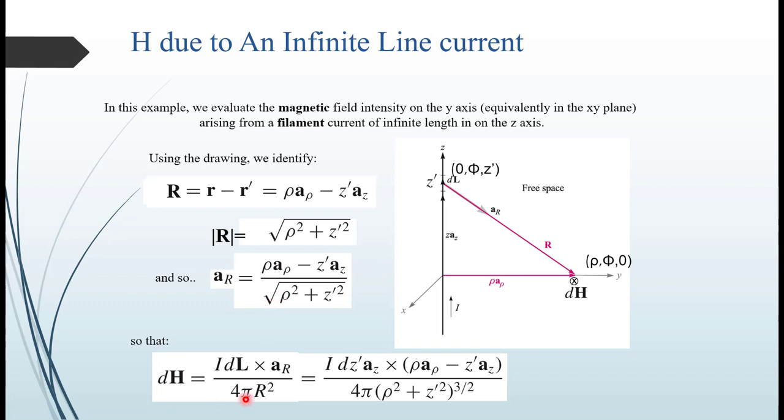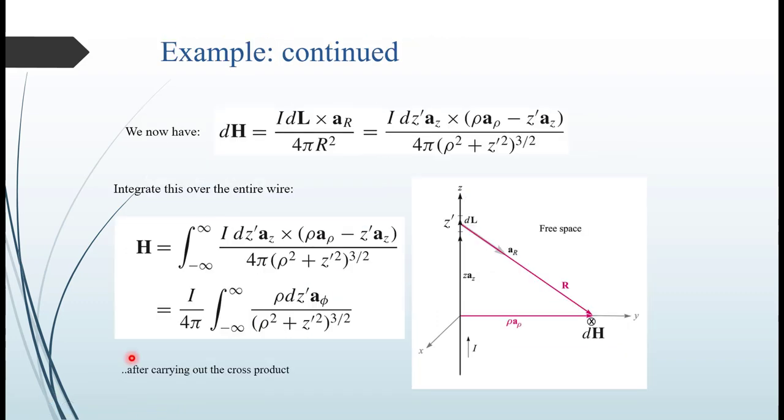So what is dH now? dH is equal to I dl as it is, aR cap is this complete expression, divided by 4 pi R square. Again R square is the square of this square root of rho square plus z square. So that total will become rho square plus z square raised to 3 by 2, if we put all the values in this equation. Now we have to integrate this equation from minus infinity to plus infinity.